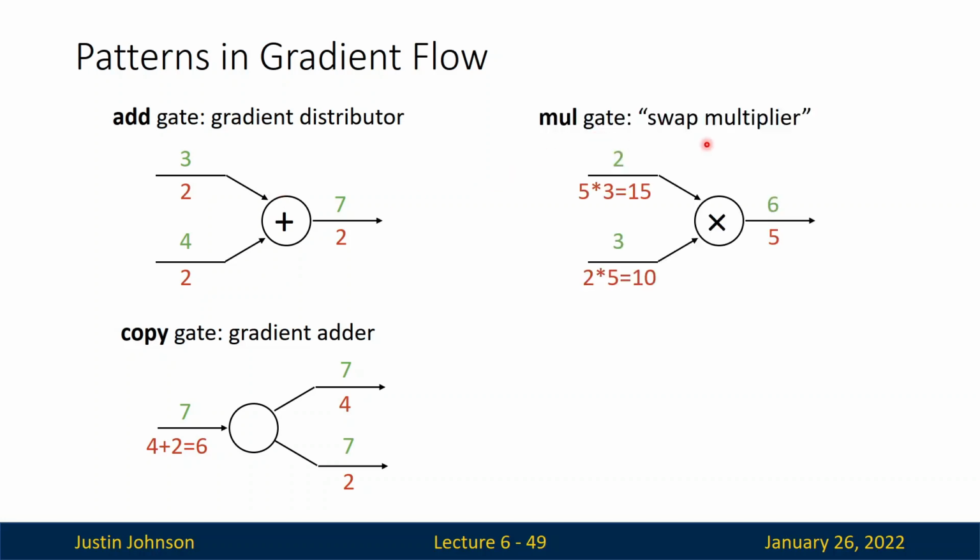Okay, so if your forward step is a multiplication operator, it means you have 2 times 3, you will get the result 6. And you have an upstream gradient, and okay, what is your output is 2, the local gradient will be the 2 times 5, and you will get the downstream gradient as 10.